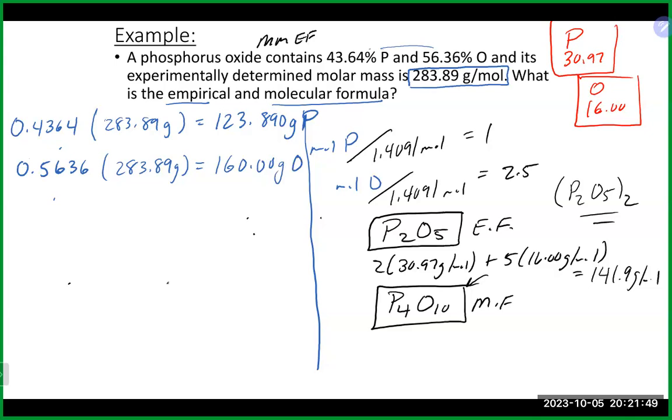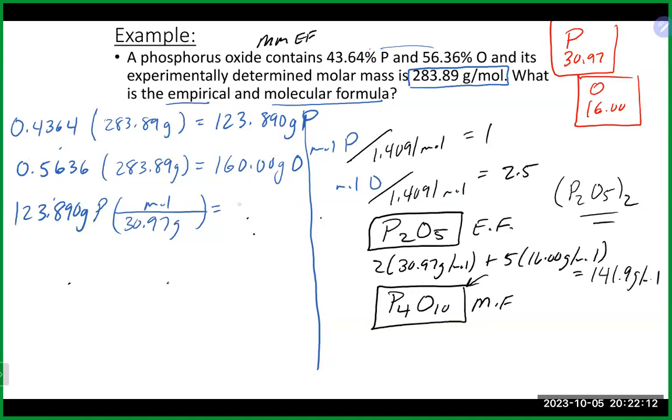Now that I have the grams, I can use the molar mass of each of those elements to get the moles. So we'll take the 123.890 grams of phosphorus and divide it by the molar mass of phosphorus, which is 30.97 grams per mole. So we'll take 123.89 divided by 30.97.